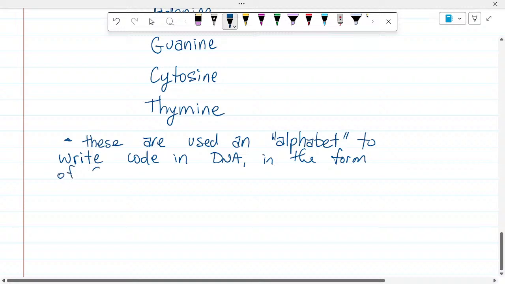Why do you write these are used as an alphabet? Sorry. Oh, I just instinctively.